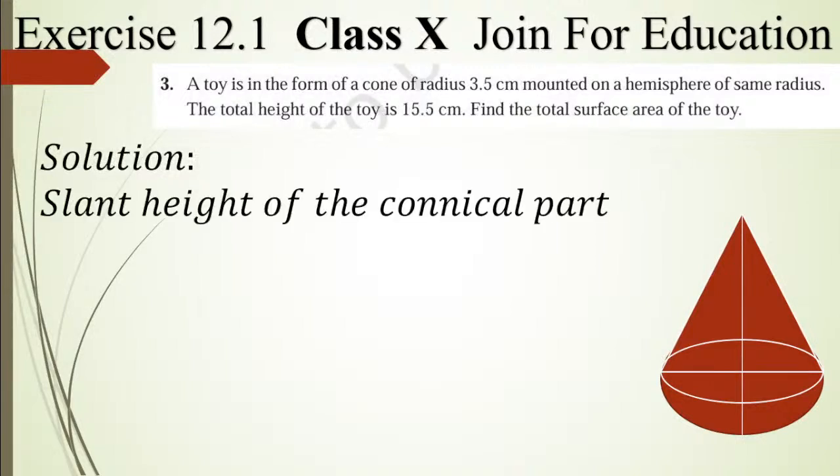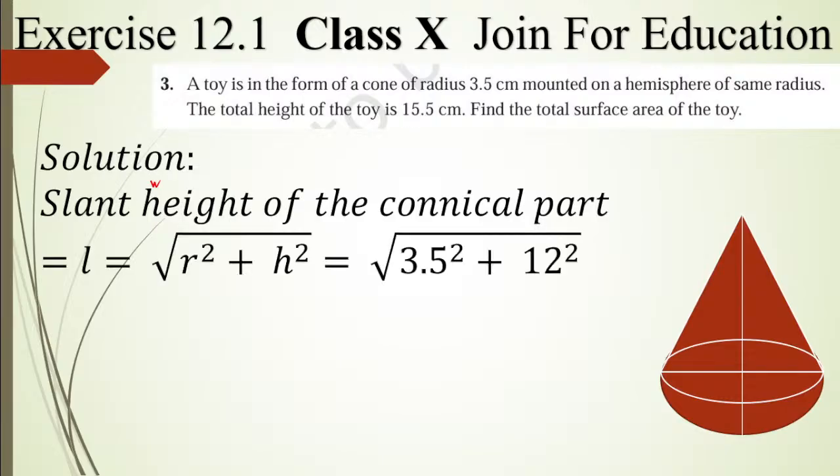To find out the CSA of the conical part, we need the slant height of the conical part, which is generally denoted by L, and we know that slant height equal to root of r square plus h square. The value of r is 3.5 centimeter, so I have written 3.5 square, plus the value of h is 12, so I have written 12 square.